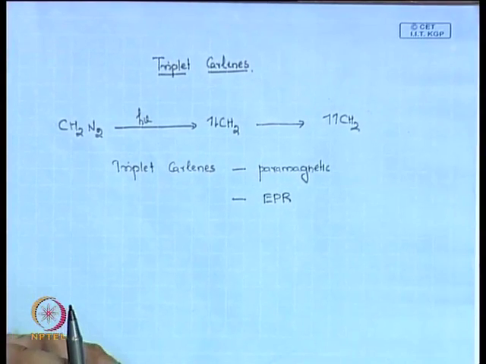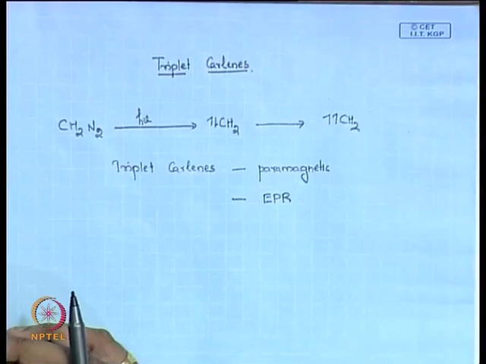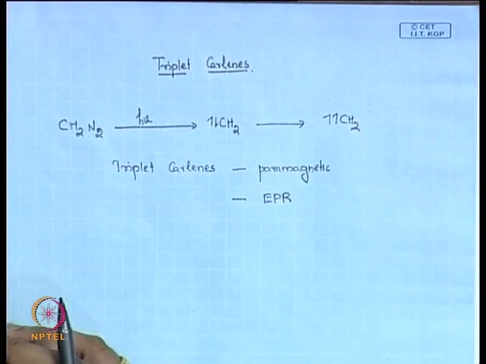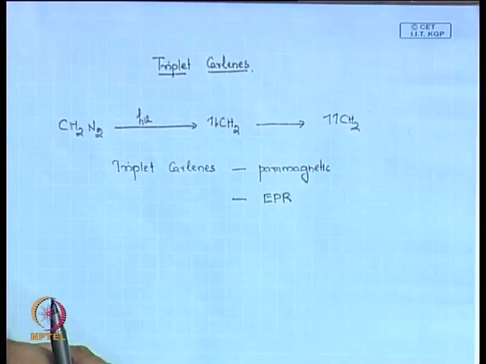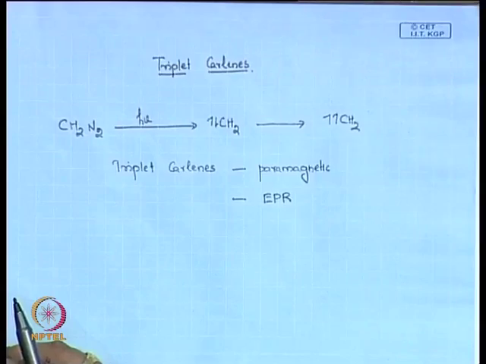What is the advantage? If I can make a stable triplet carbene or stable triplet nitrene, do you think it has any advantage? If I can make a carbene which can be stable for at least 6 months, a triplet carbene in the solid state, can we do any application across that?